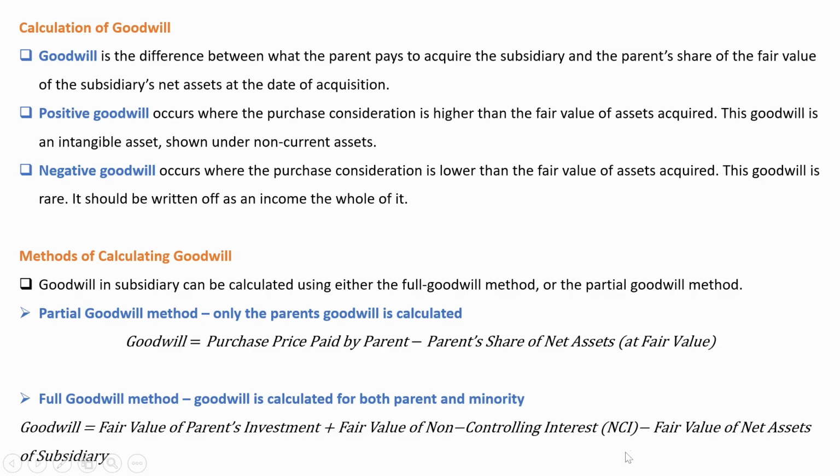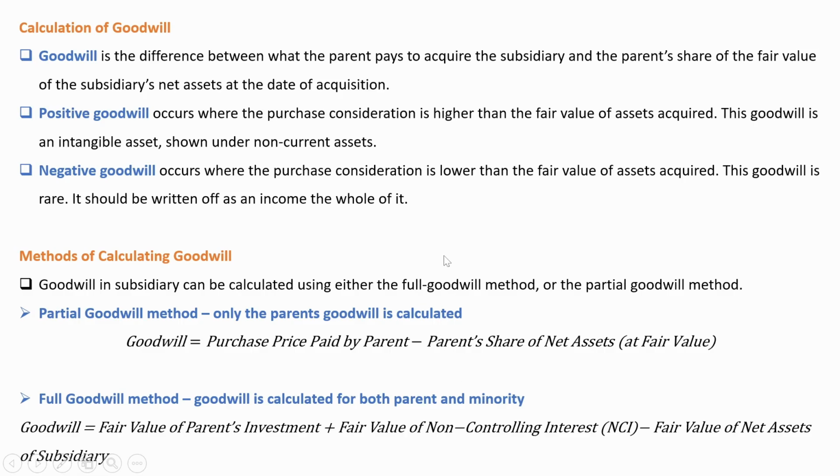Once we add those two, we deduct the fair value of net assets of subsidiary. So the difference is that here, we will not multiply the net assets of the subsidiary with a percentage of the parent's holding. We will take 100% of the net assets of the subsidiary. We deduct them from the price paid by parent plus fair value of non-controlling interest.